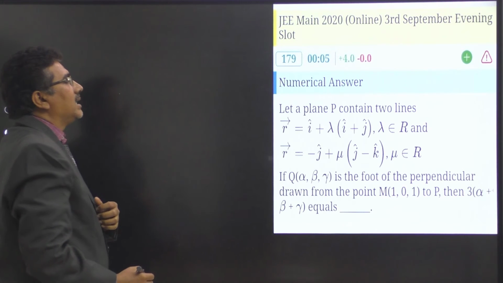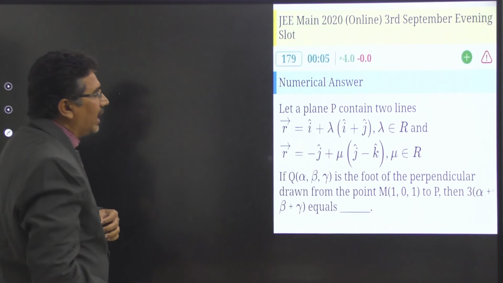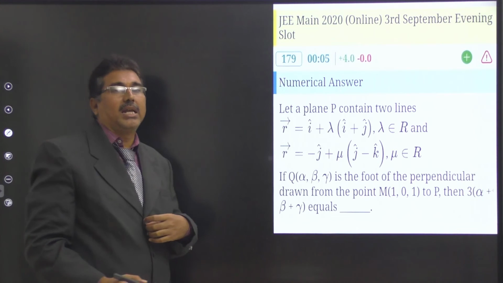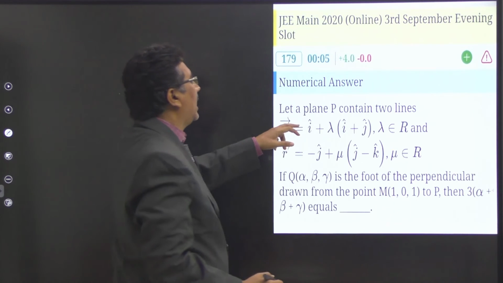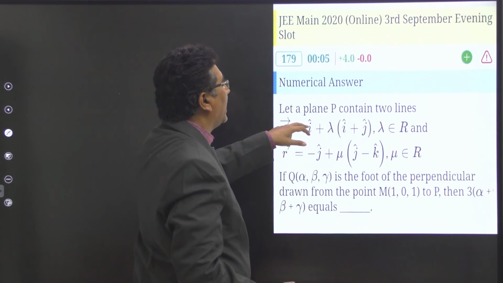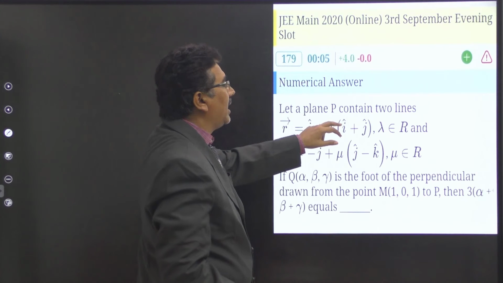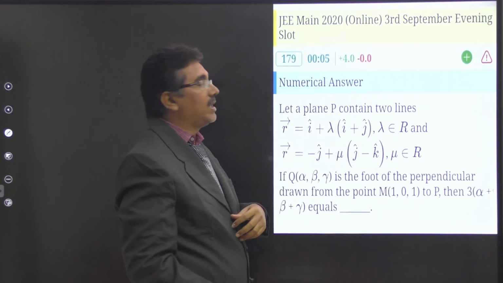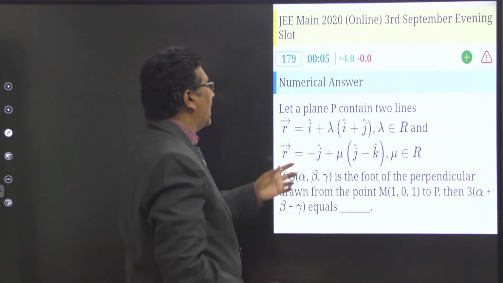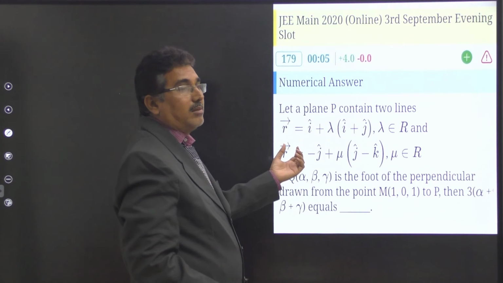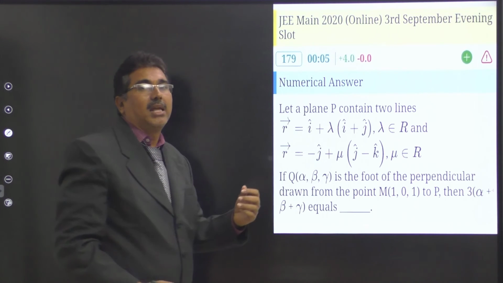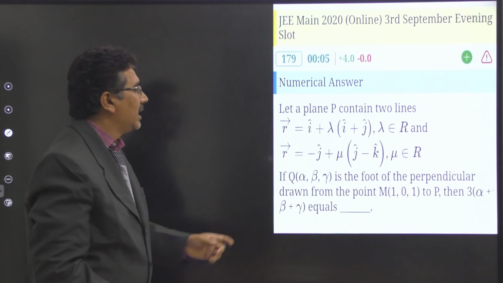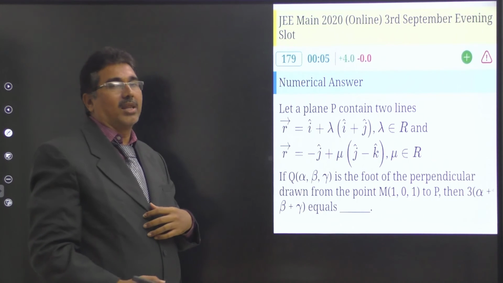Let a plane P contain two lines. One is a line passing through the point i bar and parallel to the vector i bar plus j bar. The other is a line passing through the point minus j bar and parallel to the vector j bar minus k bar.